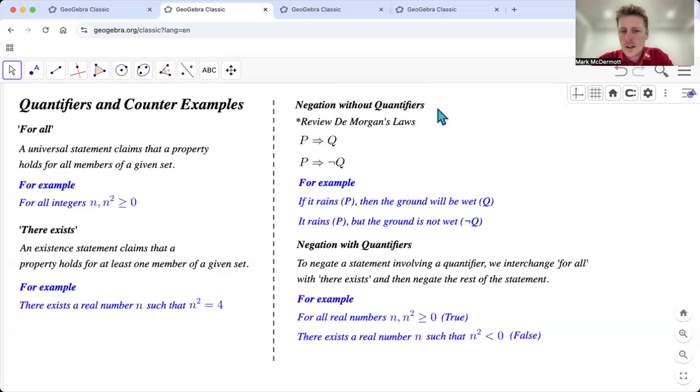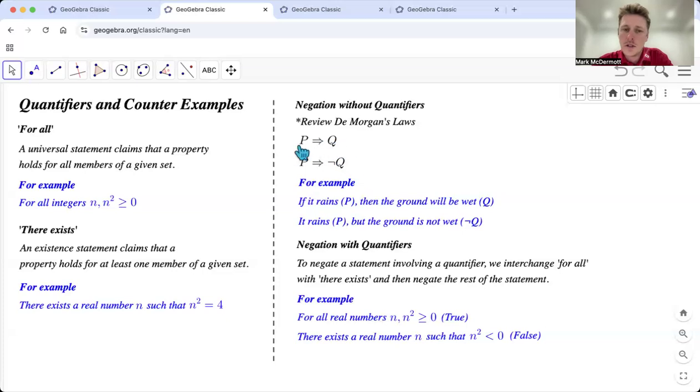Then what we're going to look at is what's called negation without quantifiers. In the previous video, we spoke about De Morgan's laws, and that's a case where we're doing negation without quantifiers. I encourage you to go back and look at those two laws. But the one I wanted to talk about is this extra thing we can include.